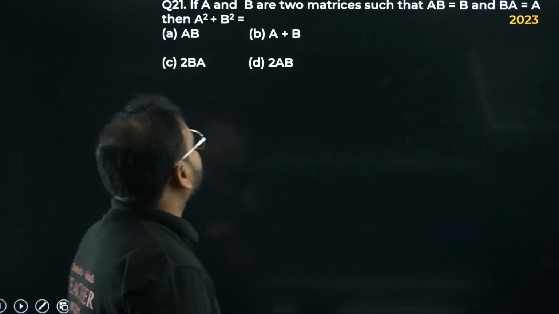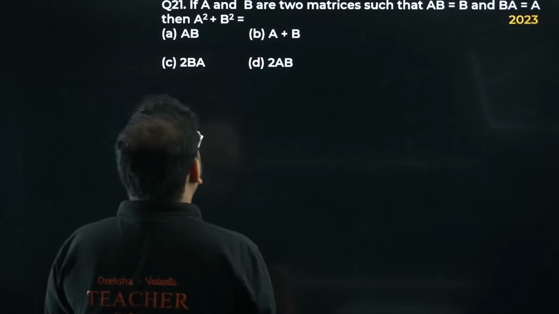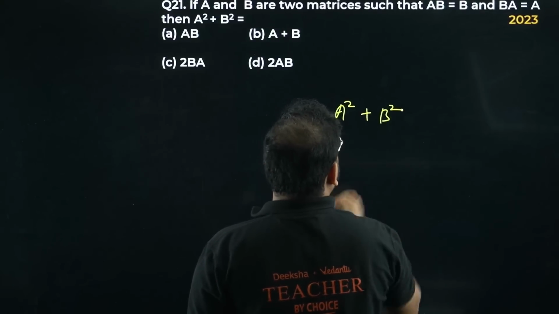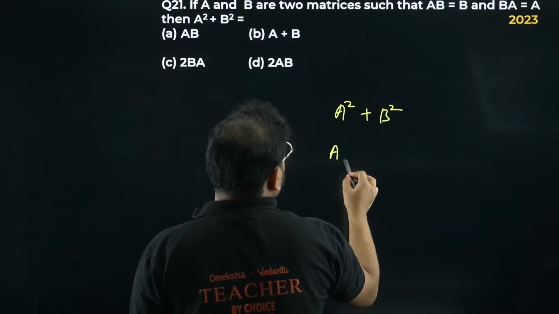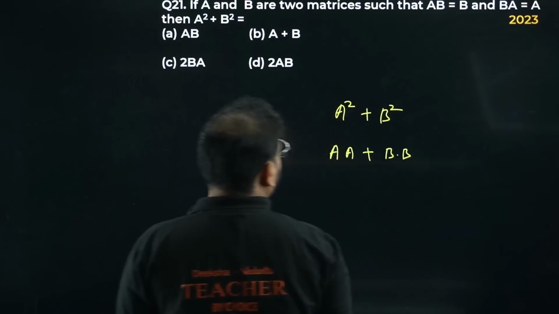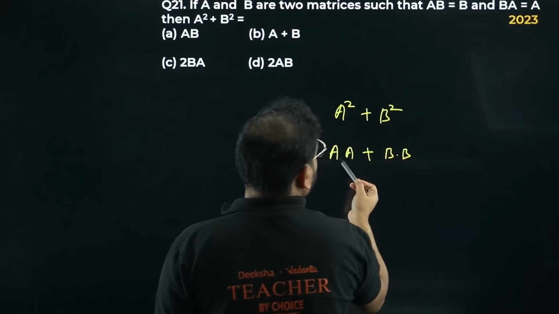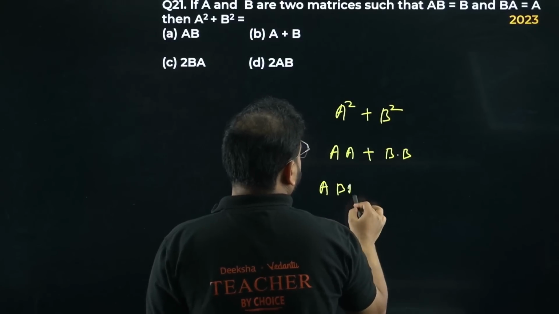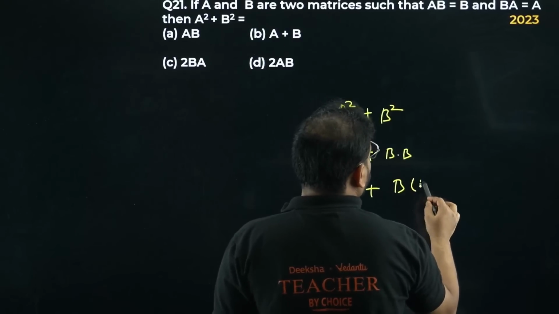If A and B are two matrices such that AB equals B and BA equals A, then the value of A square plus B square equals how much? Please check. Write this as A into A plus B into B. Then I have AB, so the value of A will become BA. So A into BA plus B into, write this B as AB.